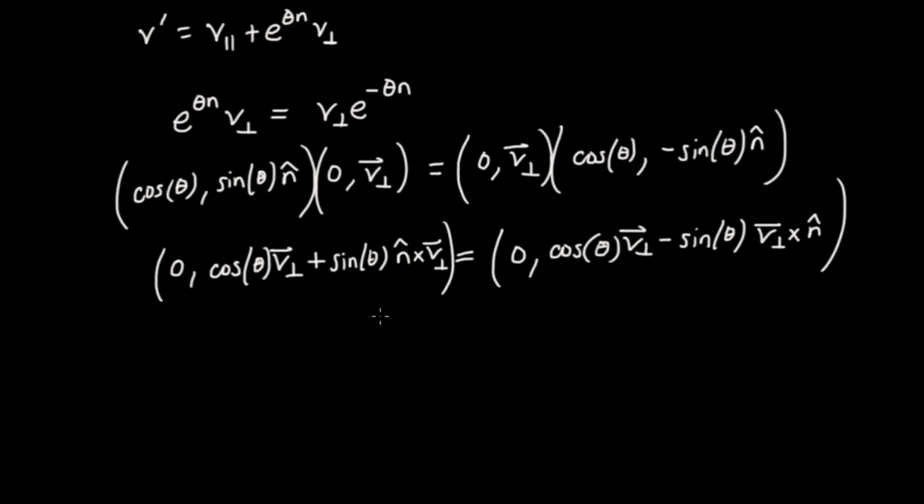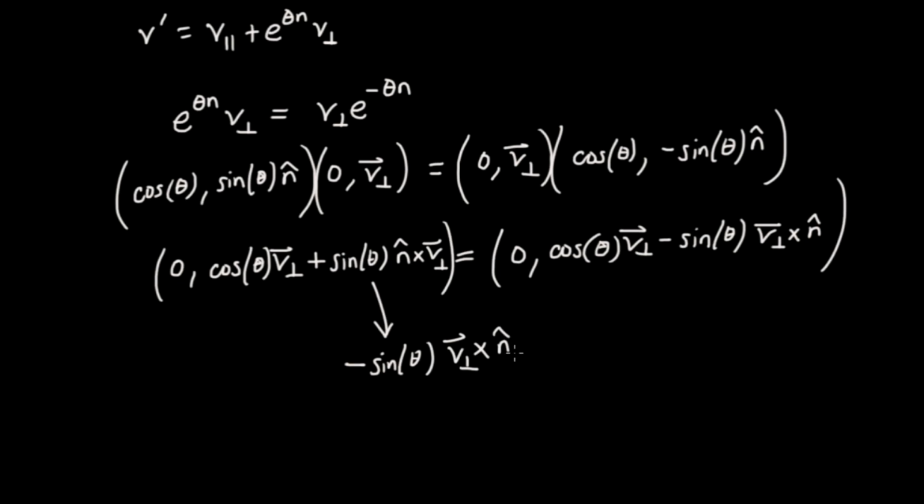Now, if you have a look at these two cross products here, I have n cross v perp, and here I have v perp cross n hat. Now, when you switch the order of the cross product, you have to stick a minus sign in there. So I could actually rewrite this vector right here as minus sine theta, sticking the minus sign out front, times v perp cross n hat.